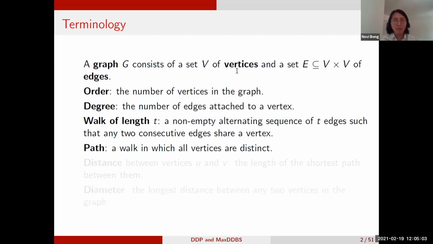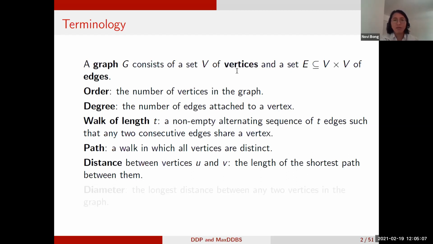A path is a walk in which all vertices are distinct. The distance between vertices u and v is the length of the shortest path between them, that is, the number of edges connecting u and v, and the diameter is the longest distance between any two vertices in the graph.